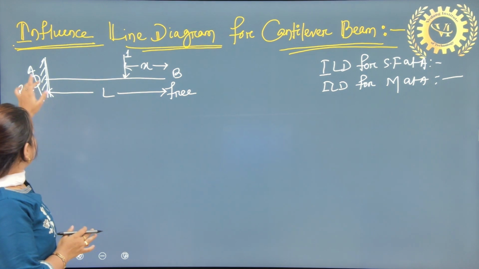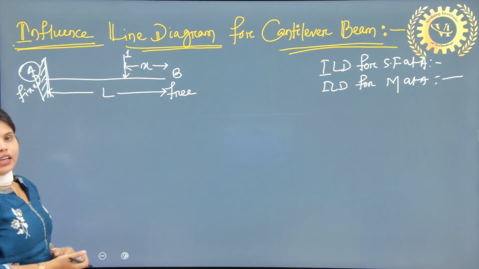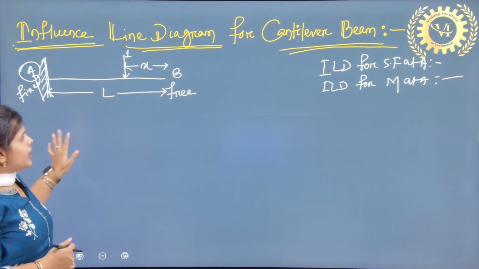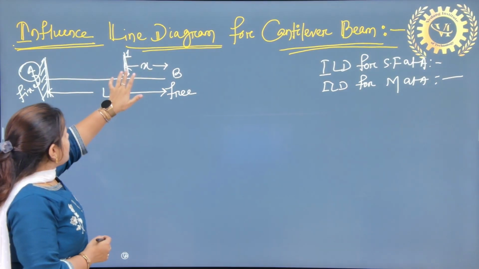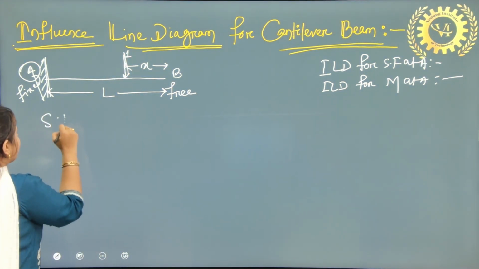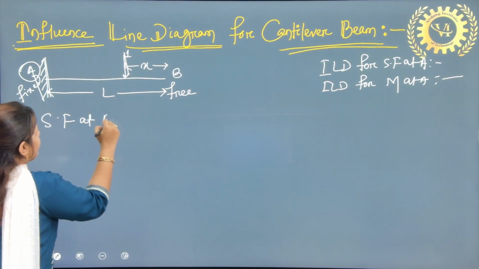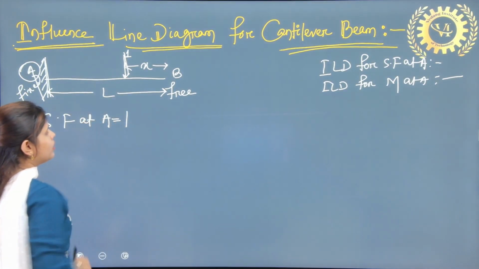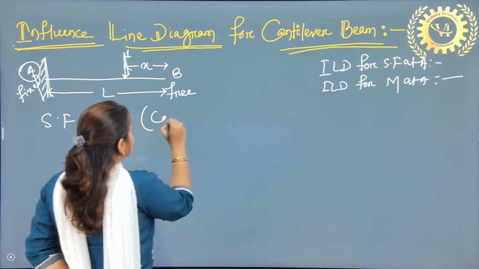So here only at point A we will have the reaction. The load applied here is 1. I can write that shear force at A is equal to 1. That is constant.